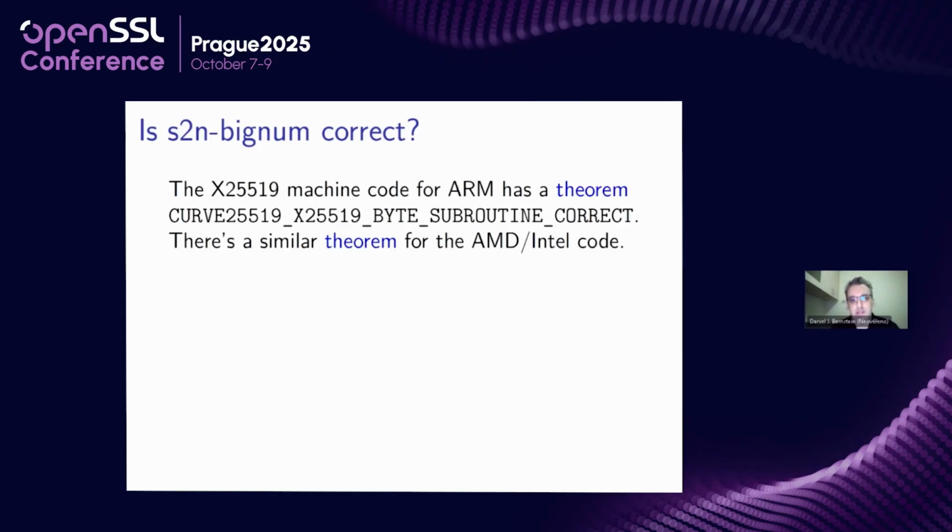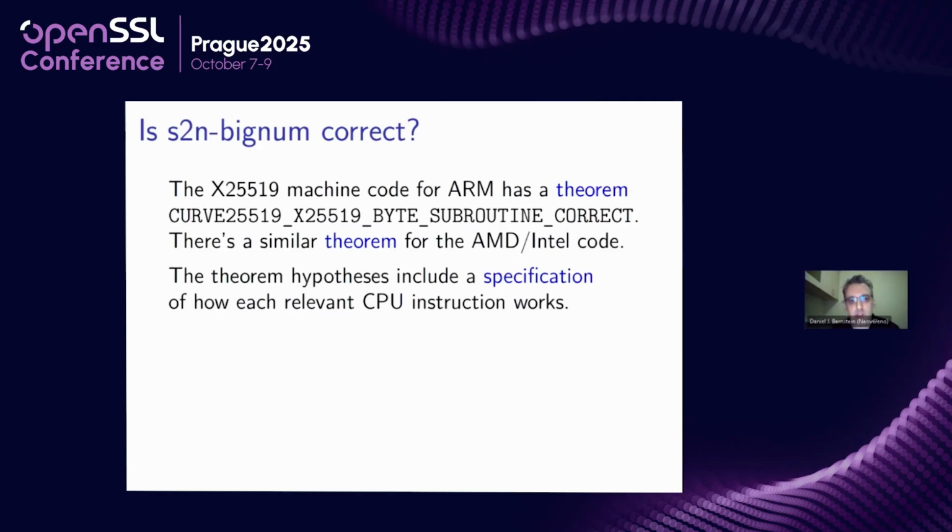All right. This theorem is making assumptions about how ARM works. Part of the theorem statement is, well, if you have a CPU where an addition instruction does the following, a multiplication instruction does the following, etc., then the software that combines those instructions will have the following effect.